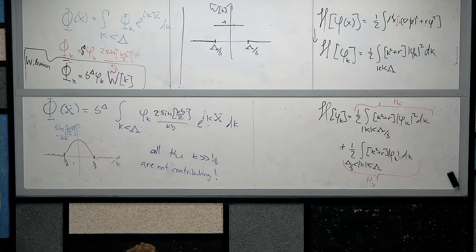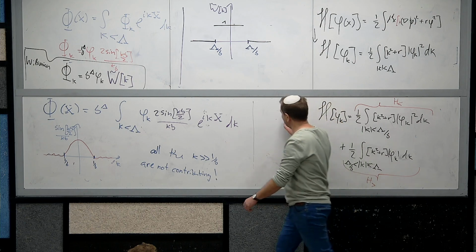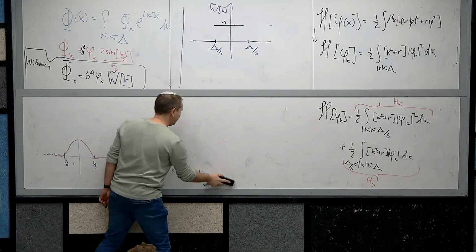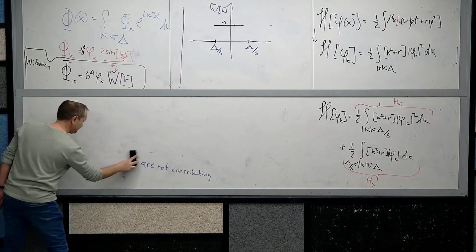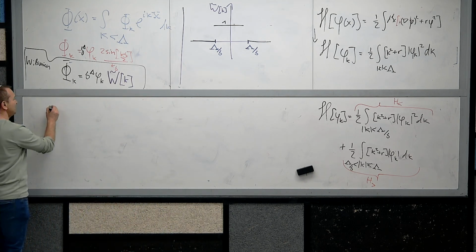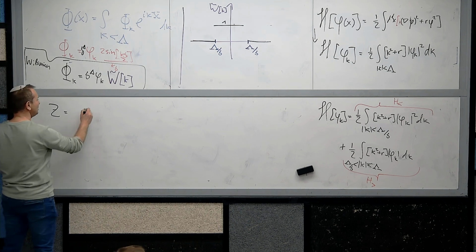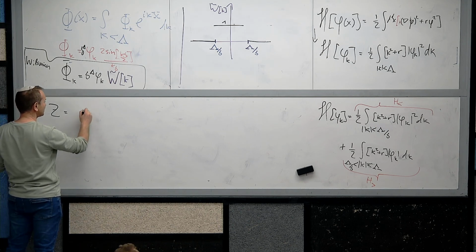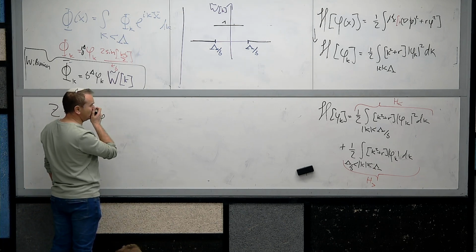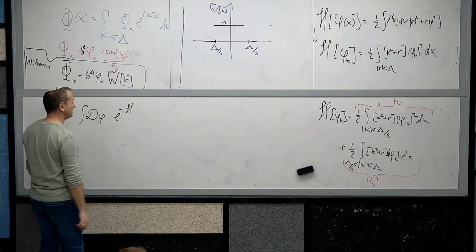Now, this Hamiltonian is present in the z function, right? So in the z function, there is an integral of d of phi, okay? And here you have e to the minus h.